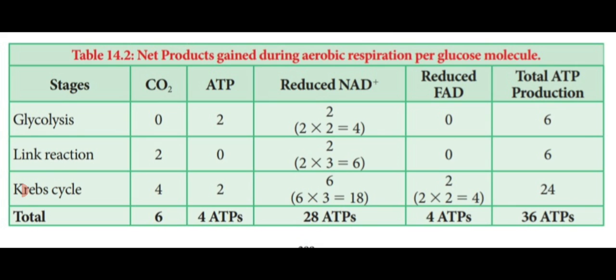So the total production is 6 ATP molecules. How will it be 6 ATP molecules? Glycolysis already contains 2 ATP molecules. So 2. Then at the end of the glycolysis process, they are producing 2 into 2, 4 ATP molecules.